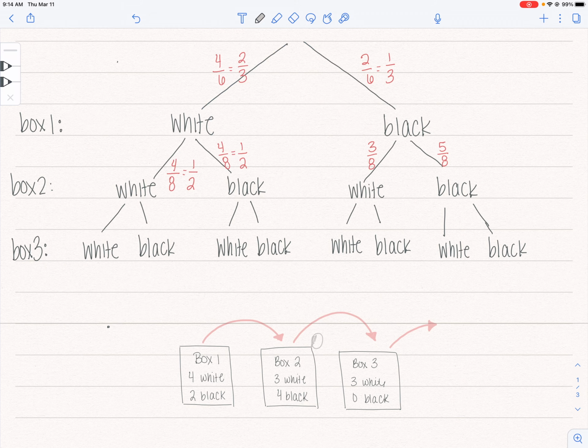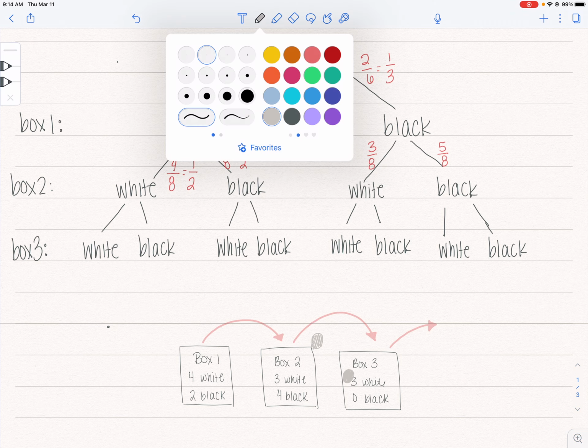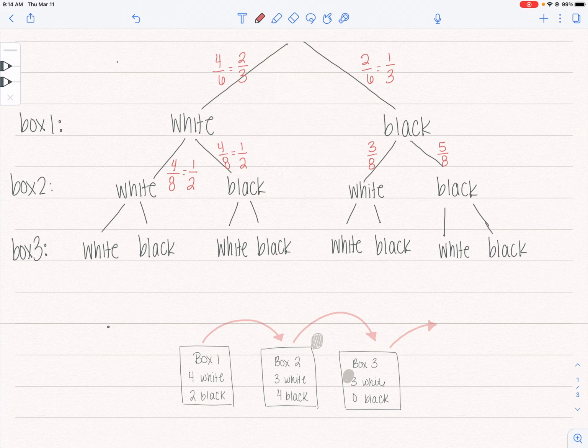And so the probability of drawing white out of box 3 is going to be 4 out of 4, or 1. The probability of drawing a black ball out of box 3 is going to be 0 out of 4, or 0.